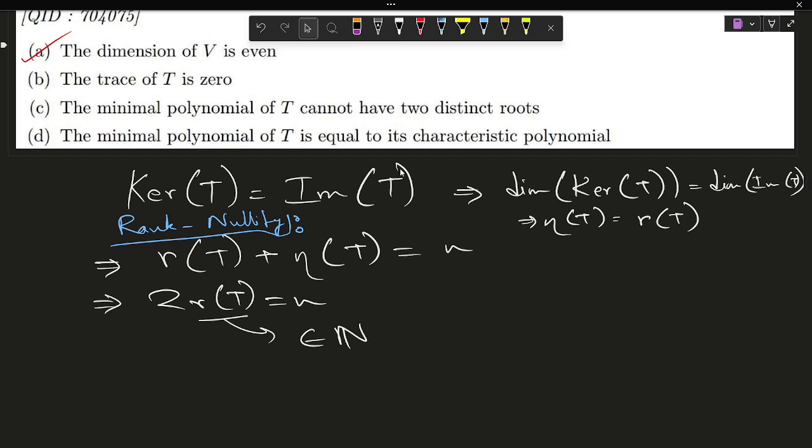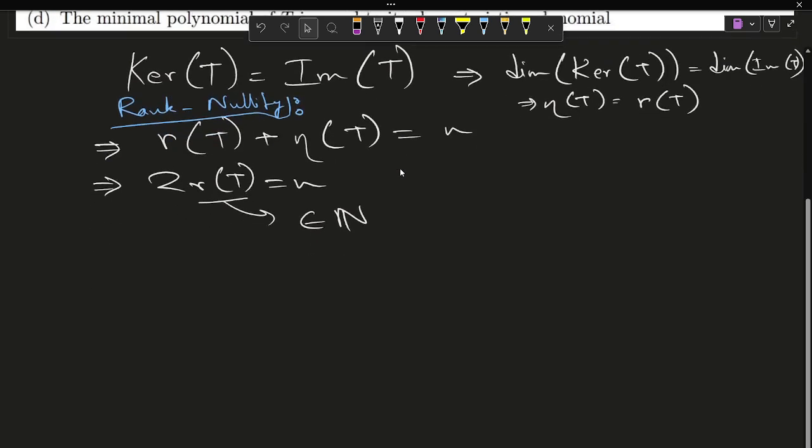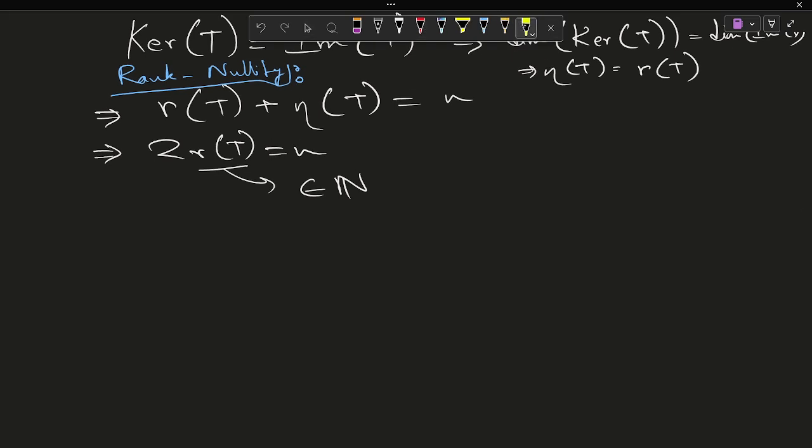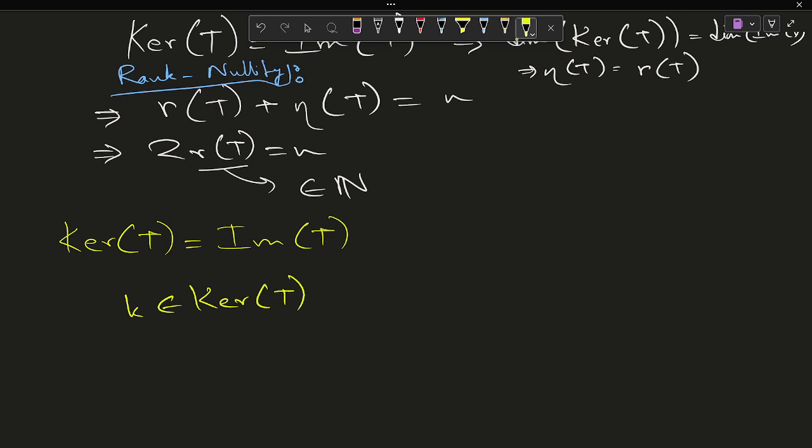Again using what is given in the question, that the kernel of T is equal to the image of T, let us pick an element K which belongs to the kernel of T. As the kernel of T is equal to the image of T, we can easily write that K will be some T of v, as Tv belongs to the image, where v belongs to V, which is the given vector space.